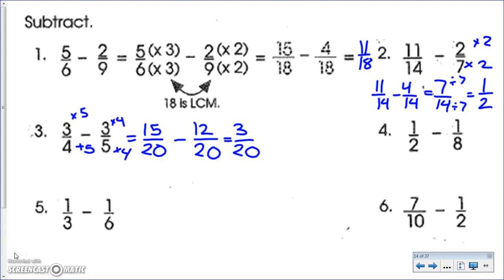For 1/2 minus 1/8, we know 8 is going to be our least common multiple, so it's going to be our common denominator. So we're going to multiply the 1/2 by 4 to get it up to 8ths. So now we have 4/8 minus 1/8, which is going to get us 3/8, which cannot be simplified any farther.